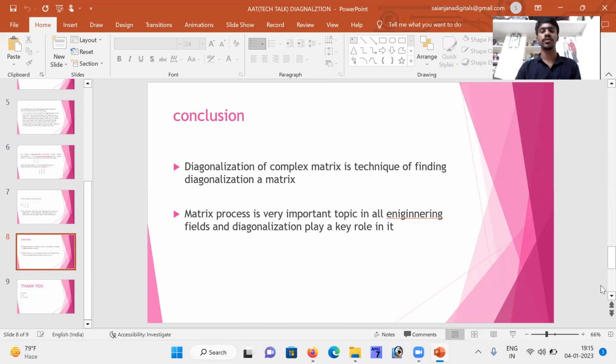Matrix theory is a very important topic in all engineering fields, and diagonalization plays a key role in it.